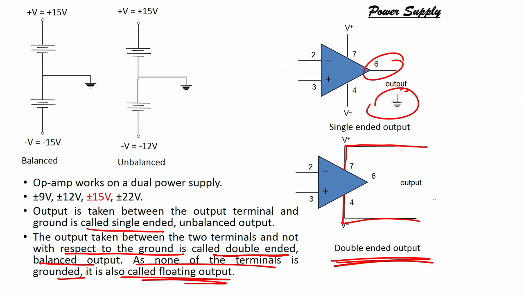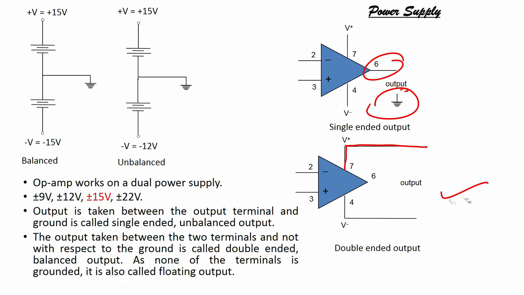But in this particular case you are taking the output between pin 7 and 4, and none of the pins is grounded, and that is why this is also called floating output. So, this is what we understood about the op amp power supply and op amp outputs, how they are taken, either single ended or double ended, and whether we are applying balanced or unbalanced power supply.